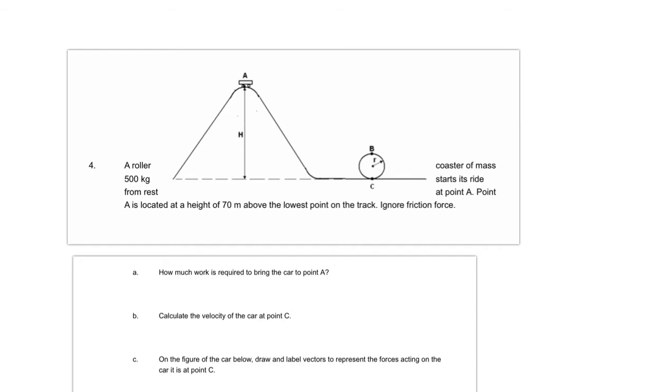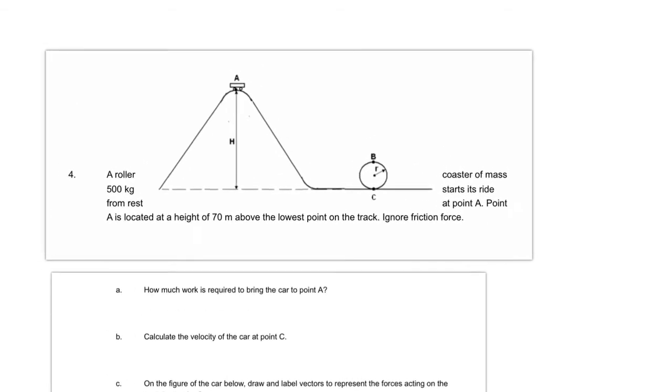Okay, so let's find out what we have in store for us here. A roller coaster, so once again, the formatting is kind of weird, but this is a roller coaster of mass 500 kilograms. Starts its ride from rest at point A. Okay, so the format is already driving me crazy.